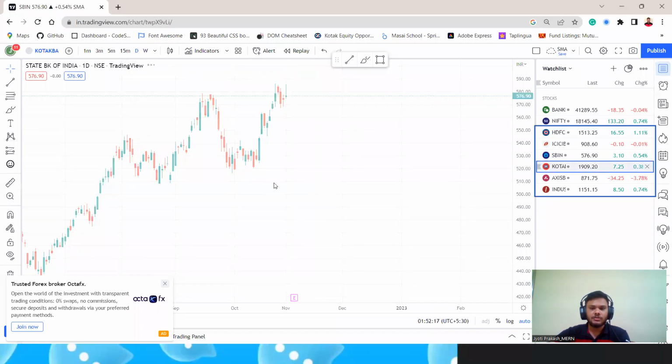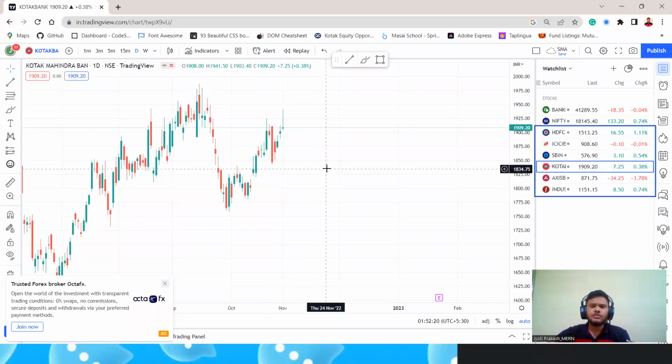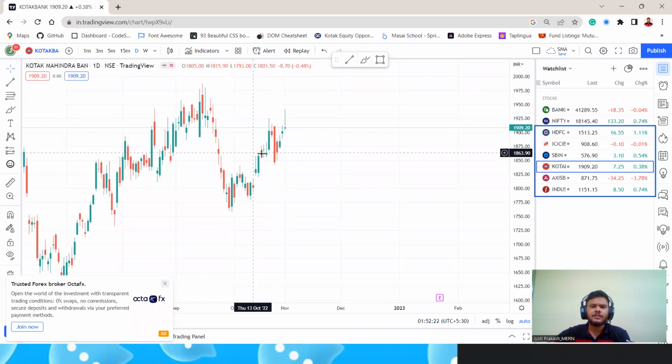Now let's look into Kotak Bank. Kotak Bank also made a similar kind of pattern: it opened flat and went up to around 1940, and now it closed below 1910, almost 30 points down from that high candle.